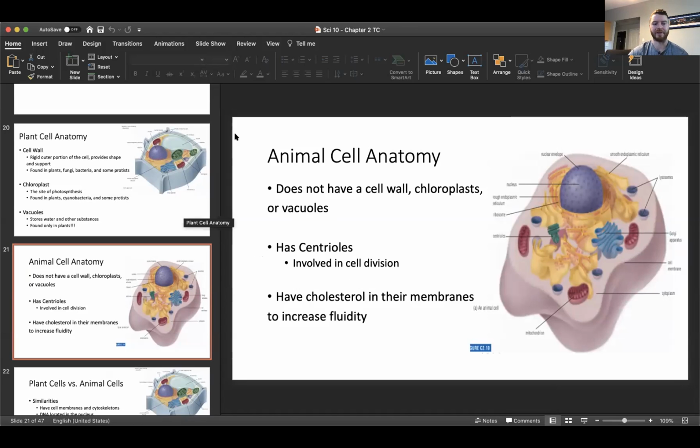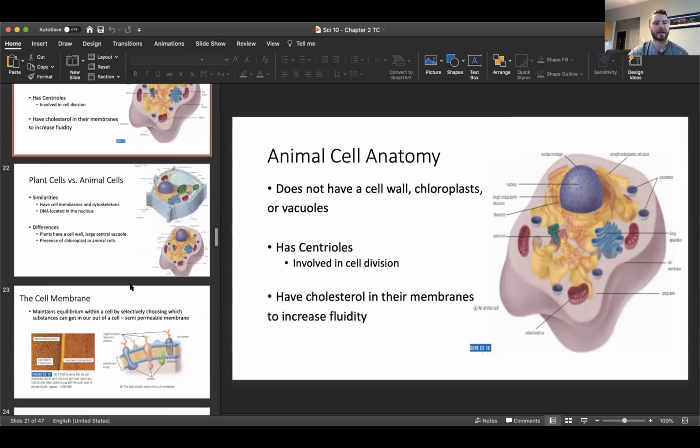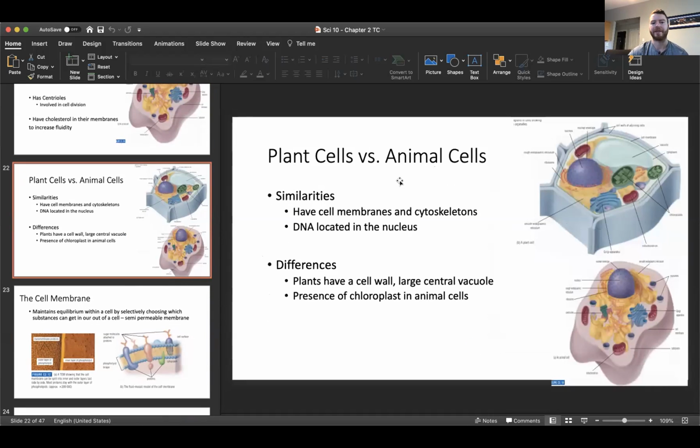Okay, so make sure we know the similarities and differences between the plant and animal cells, and that you know the responsibility or the function of each organelle in a cell.